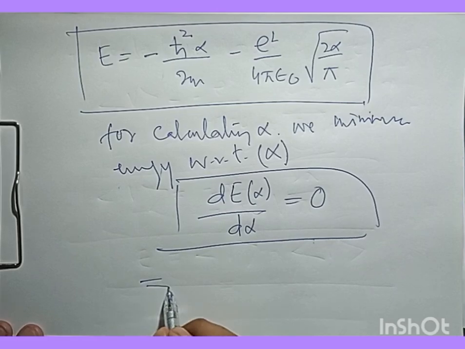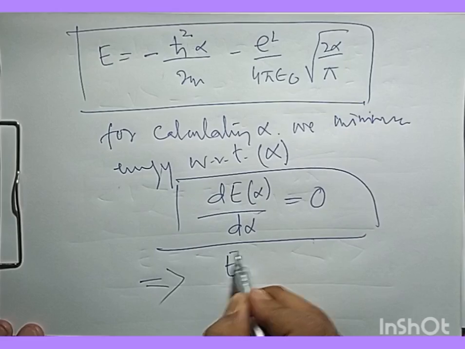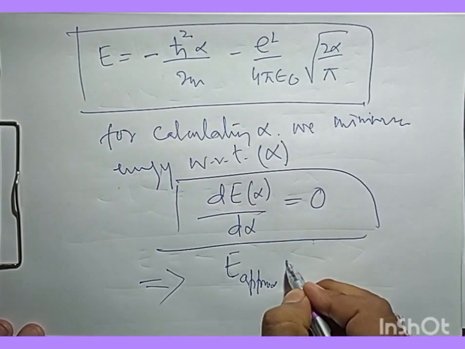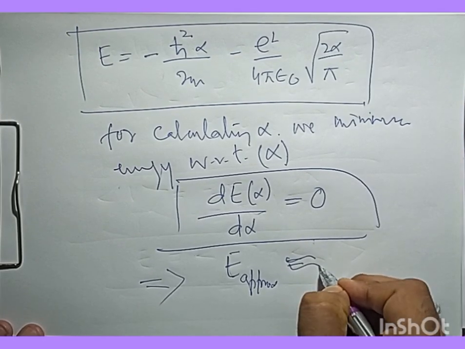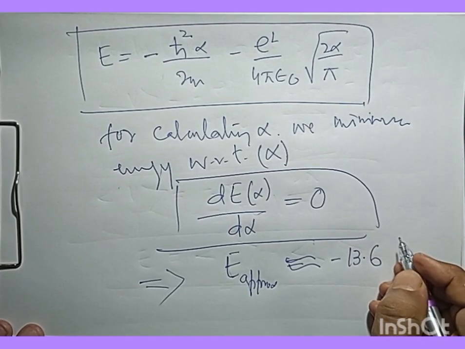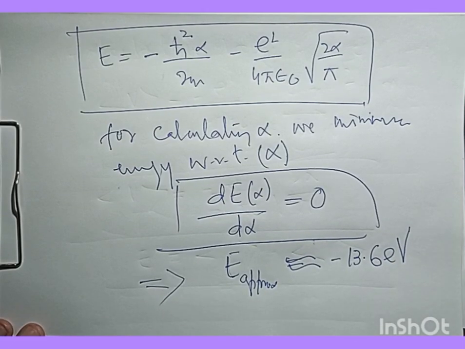By doing so, after minimizing, we find that E comes out approximately to be minus 13.6 electron volts. So this value is very close to the known exact value for the hydrogen atom in the ground state.